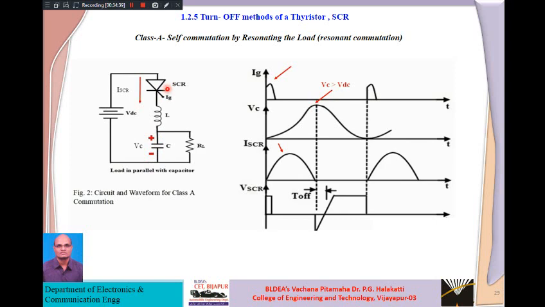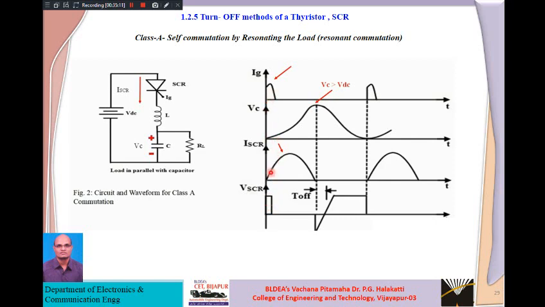Once the SCR is triggered with the help of the gate signal, it is short circuited, then with the help of this VDC, VC will start charging towards VDC. You can see here it is indicated, VC will start charging towards VDC, and this indicates the current through the SCR. The current through the SCR will go on increasing. Voltage across the SCR: till you apply the gate signal, the voltage across the SCR will be the breakover voltage.